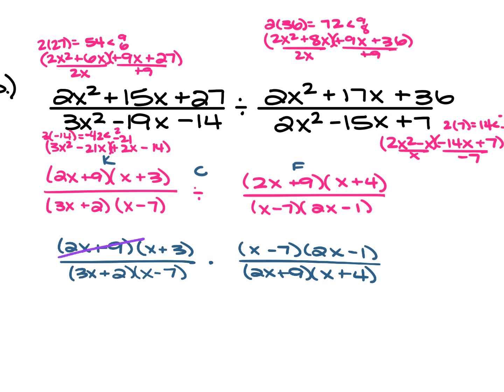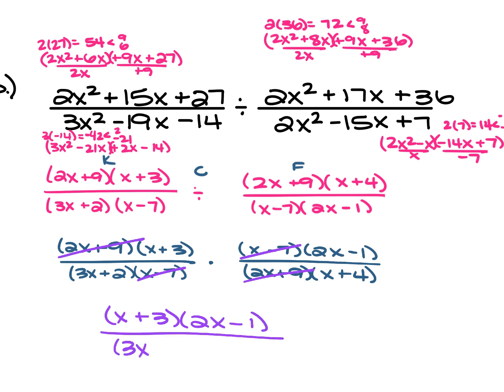You have a 2x plus 9 that's diagonal from one another. You also have an x minus 7 that's diagonal from one another. You do not have anything else that'll simplify with each other, so that's just going to give you x plus 3 times 2x minus 1 over 3x plus 2 times x plus 4.